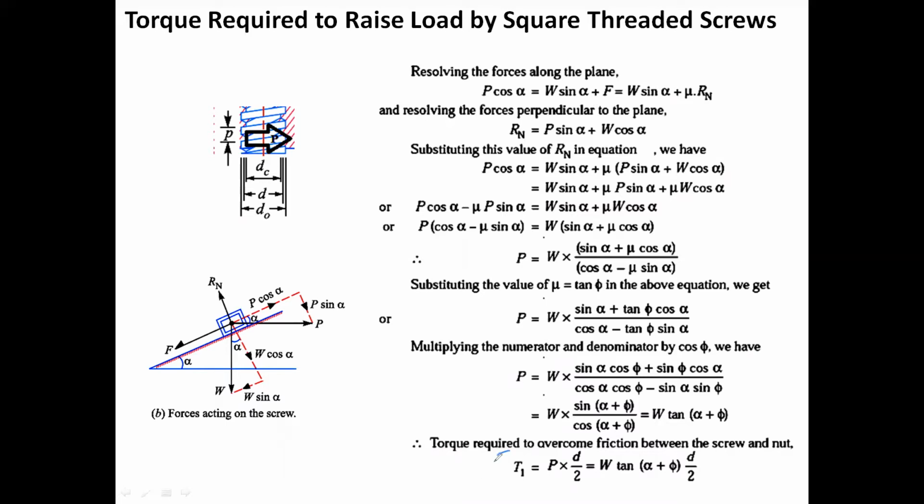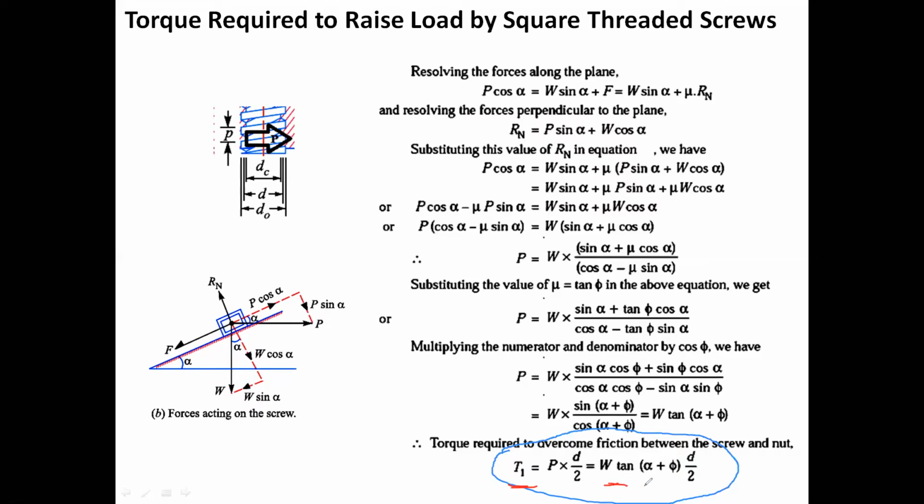At the end of this derivation, we got the relationship between our torque and the load: W tan of alpha plus phi into d by 2. So this is the relationship between how much torque is required to overcome the friction.